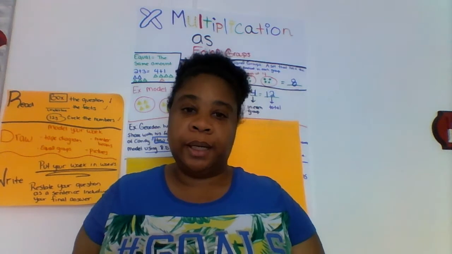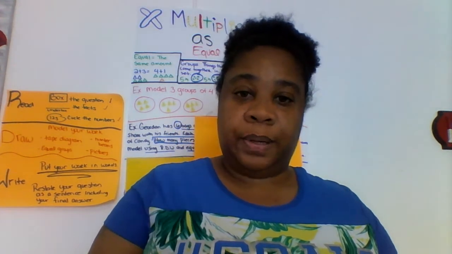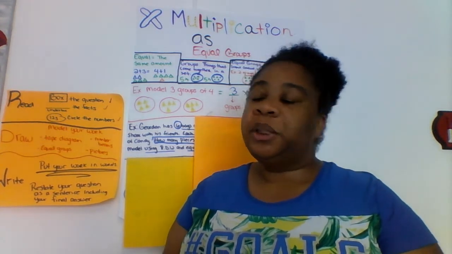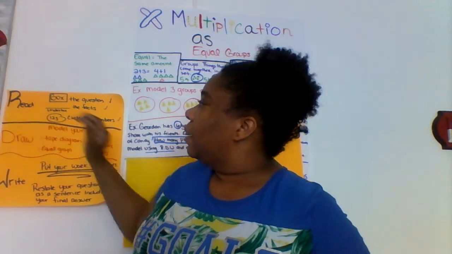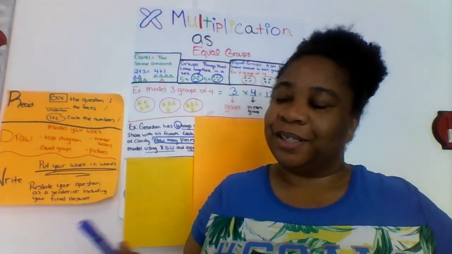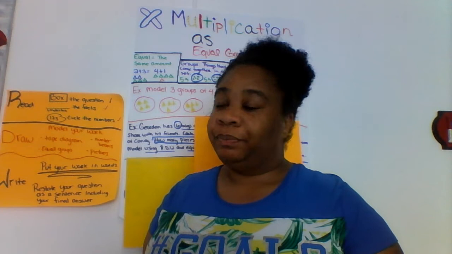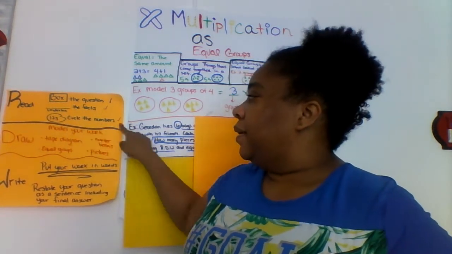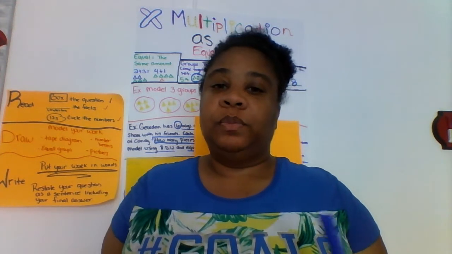Now let's look at a strategy that most of us should already know, but let's just review it. It's called read, draw, write. Read. First thing you do, you read the problem, of course, then box the question. Underline the facts, circle the numbers. The next step, draw.